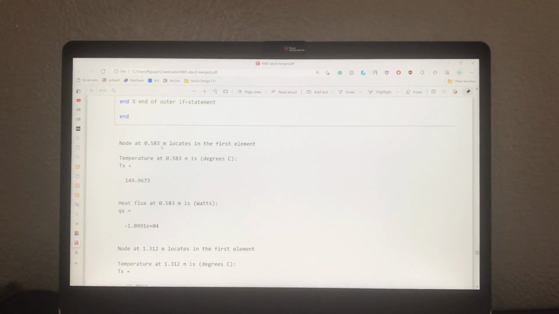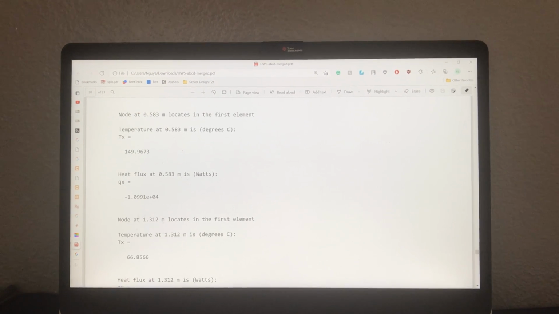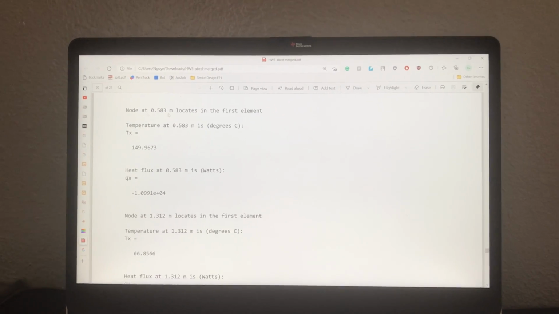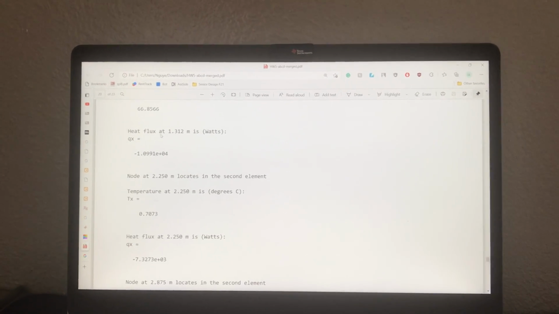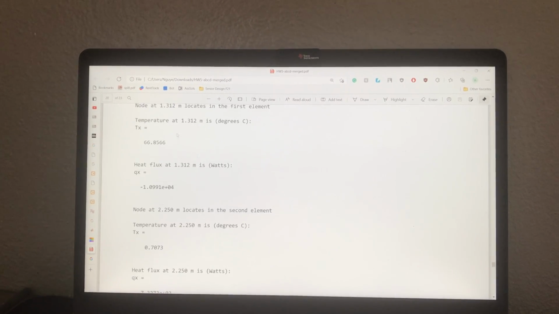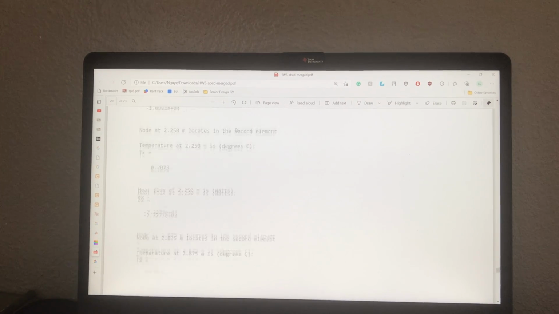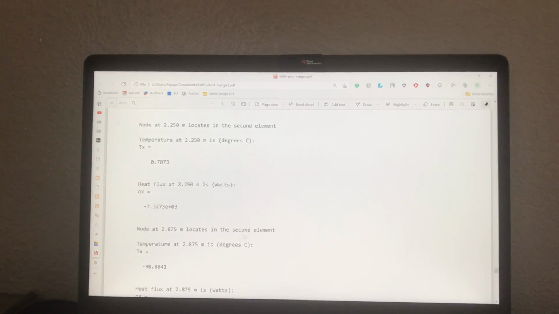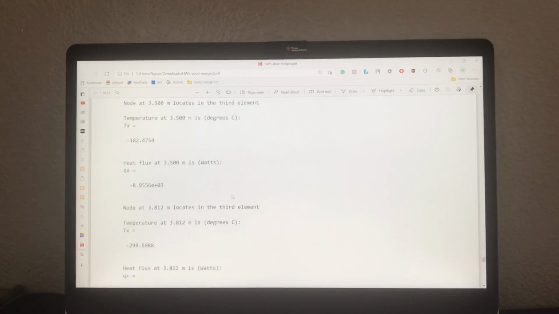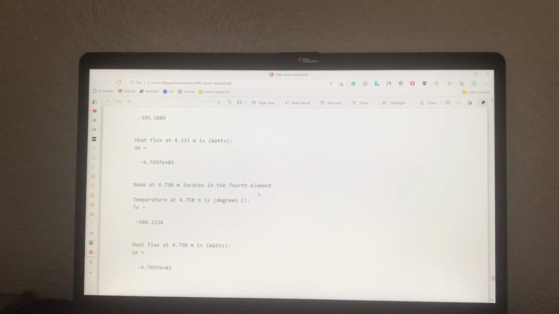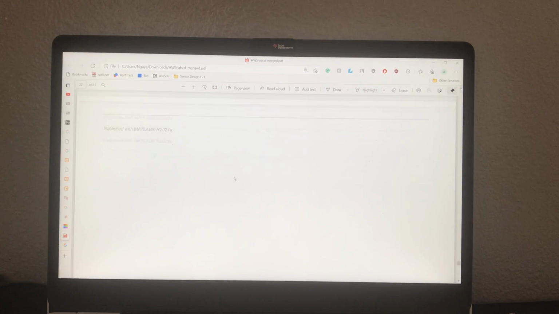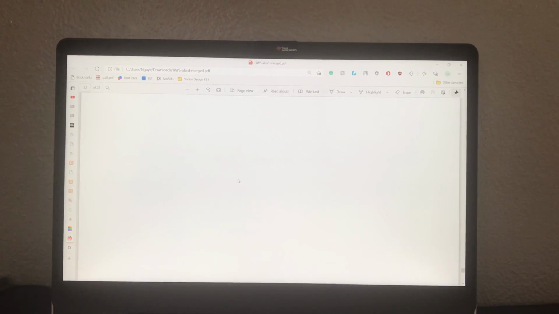So this is the first element, with these two at one third and at 3/4. Same thing here for the second element, third element, and fourth element. So that's it for G.